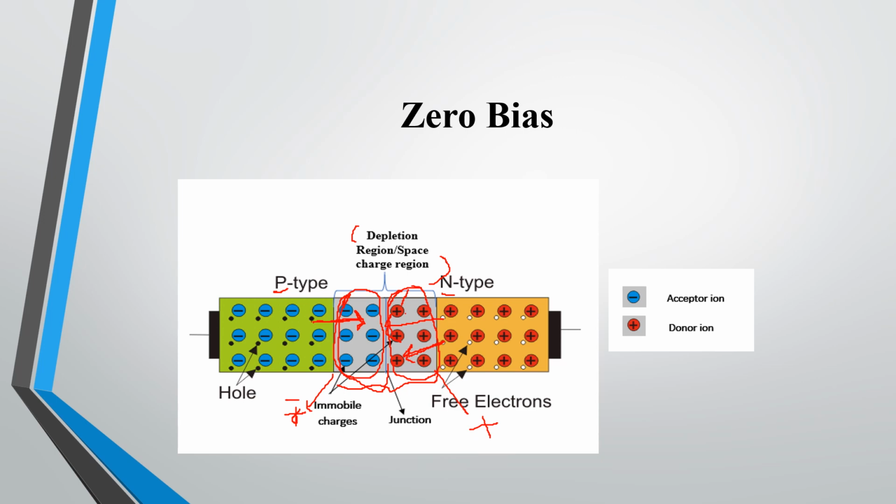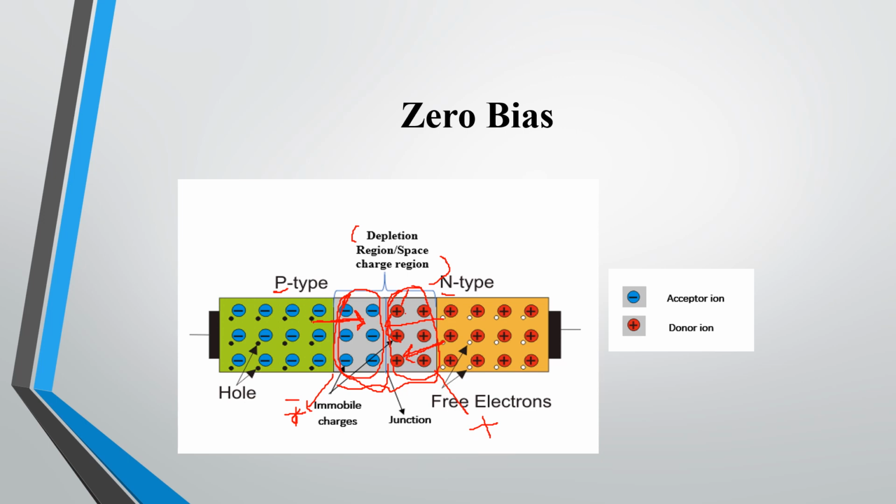Here it is negative on the p side, and here it is positive on the n side. So there occurs a depletion region and the potential is called barrier potential. Due to this barrier potential, we'll have an electric field E.